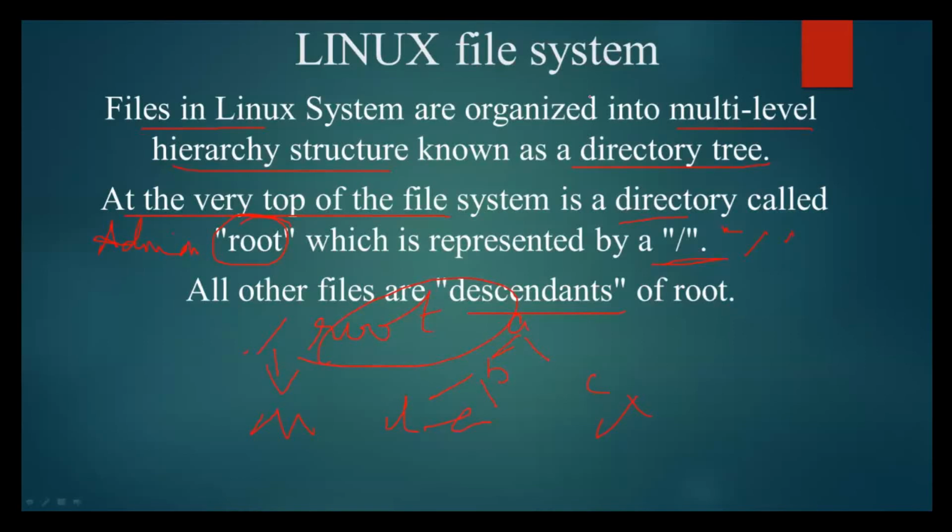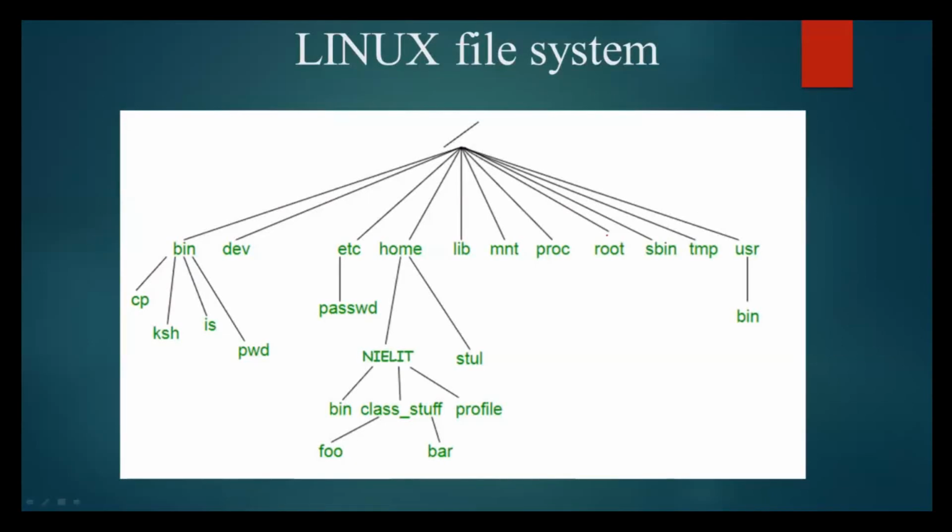So, coming to the point, in the slide you have to remember only two points. The first one is that the root node is the top priority node, and the root node we indicate by using the forward slash symbol. See here, this is the structure.